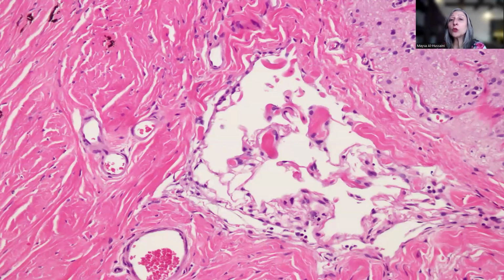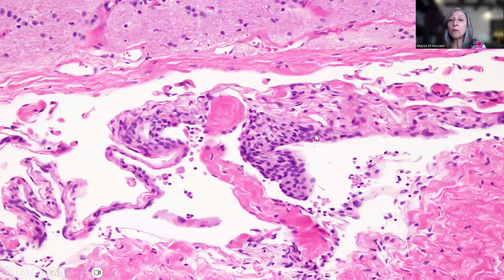Why is it important to look specifically into the level of invasion of the optic nerve? Because the optic nerve is in direct continuity with the central nervous system. This is the sclera, this is the optic nerve, this is the dura mater, and this again is the meninges.